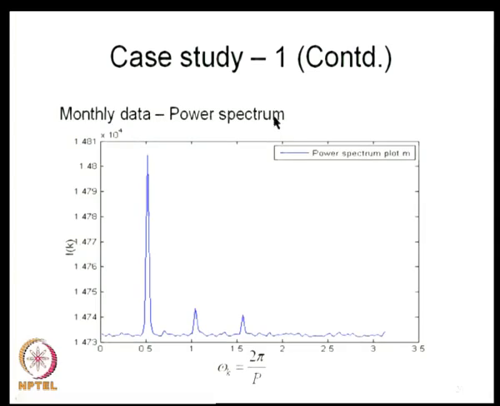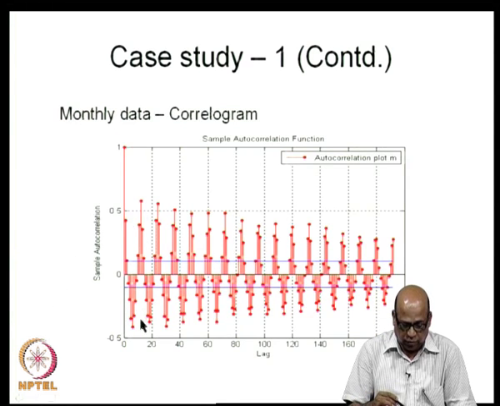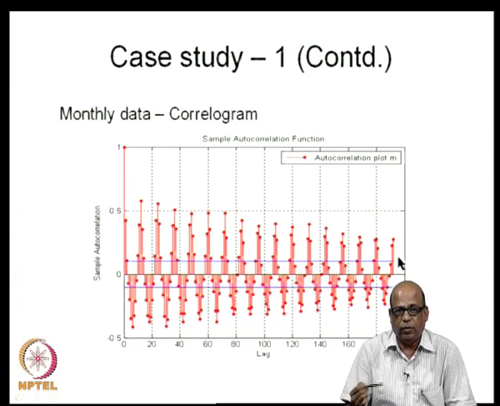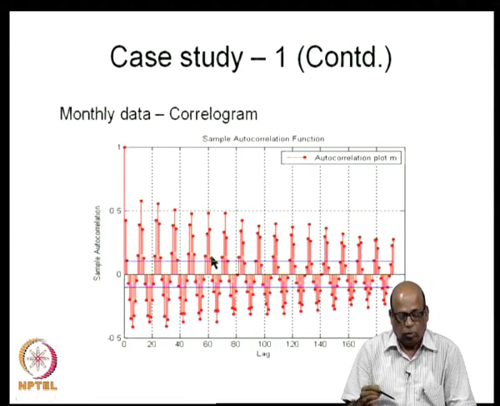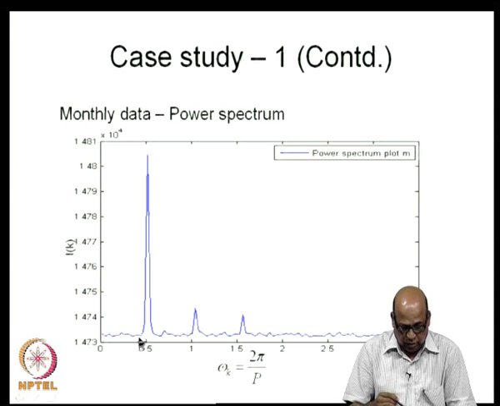Okay. Now, for the monthly data, we look at the power spectrum. The correlogram indicated that there is a certain periodicity, and we also suspected that there may be a periodicity corresponding to 6 months, and to 12 months and so on. This indication is strengthened by the power spectrum.